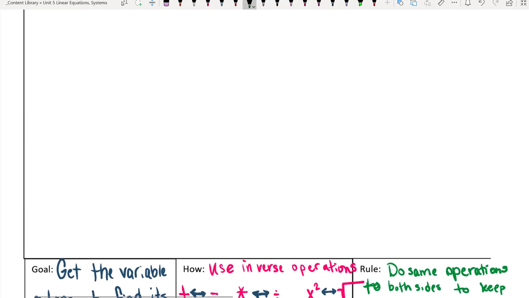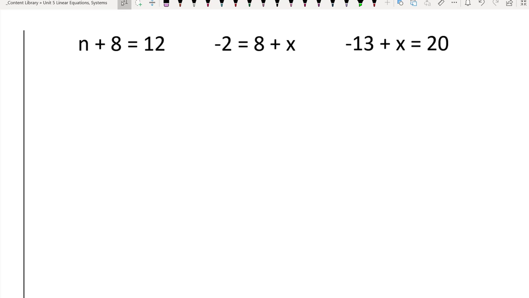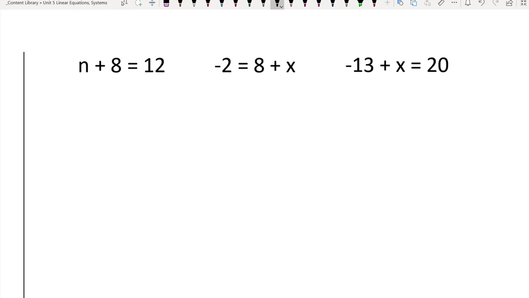Now, let's go up here to all of these. I do want to tell you, it will help you visually if you draw a line at the equal sign.